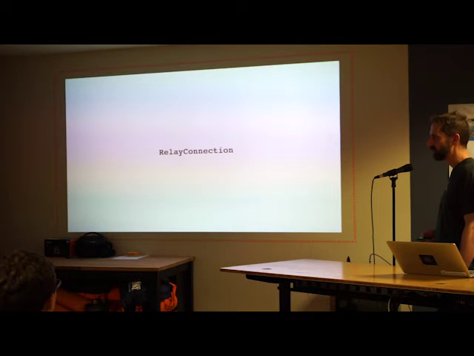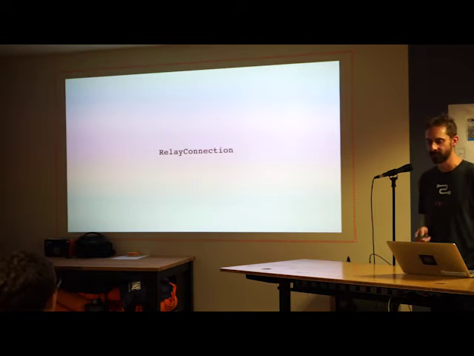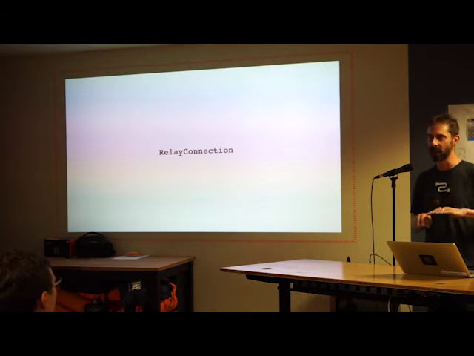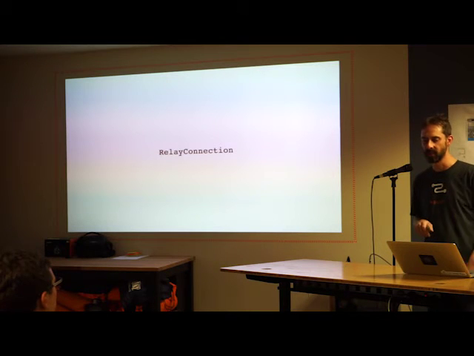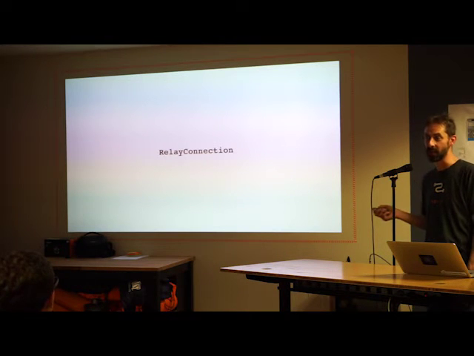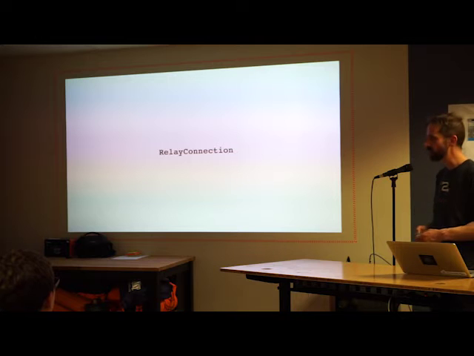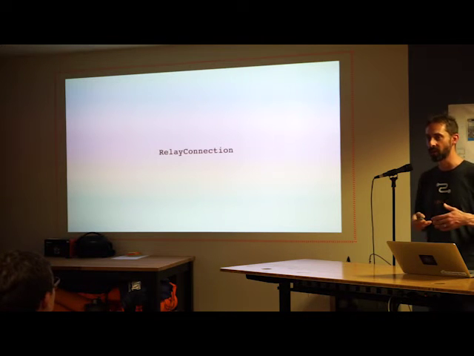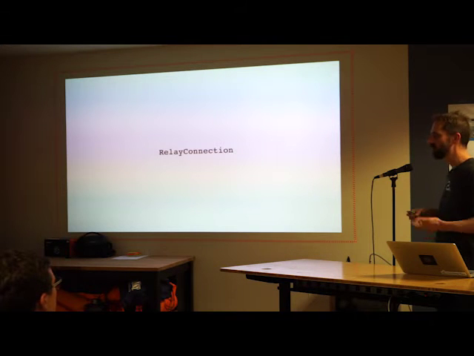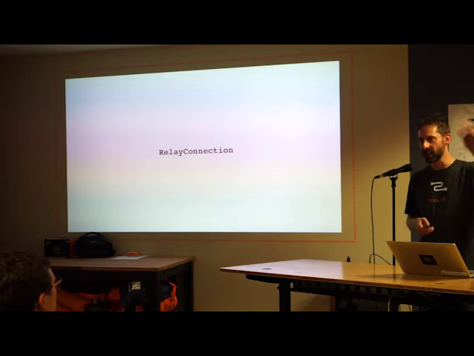Let's talk about the other big bet that we've made lately, and that's called relay connection. Now this is a lower level API for dealing with those paginated connections that I showed an example of earlier. And it really does two things. One is that it provides more granular control over how things are garbage collected in a collection. So you can imagine something like the Facebook news feed, which has infinite scroll.